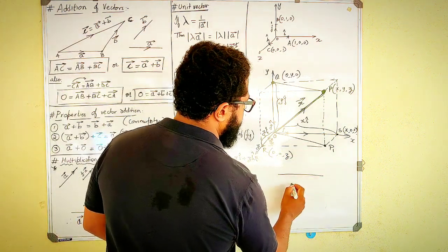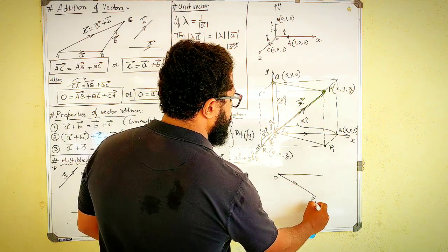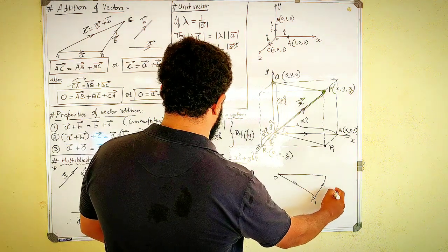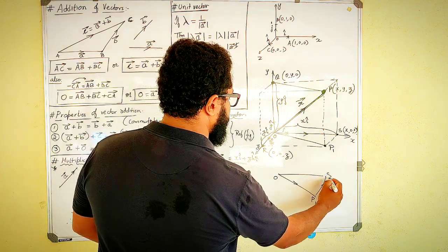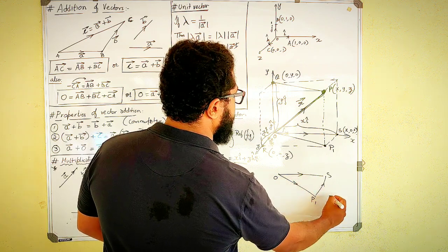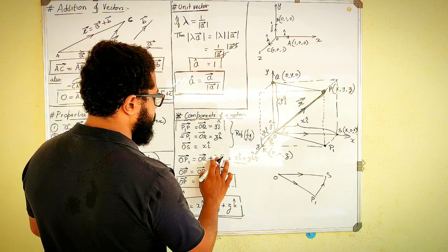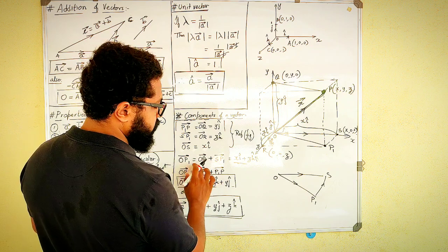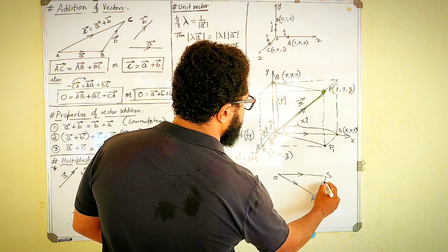So I will redraw this again. OP vector is given by, this is OP1, OP1 plus P1S, or SP1. Sorry, this is in this direction.